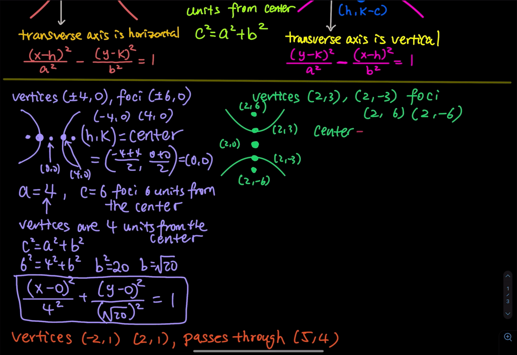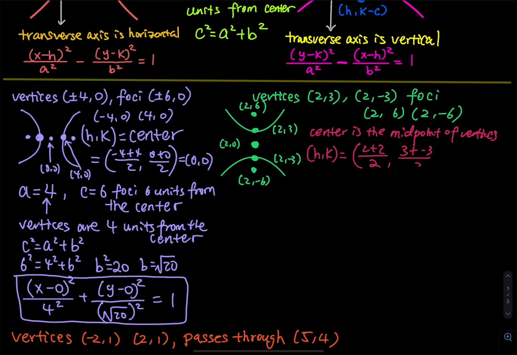I will color code this for you because I want to put the center in red. So I am going to say the center is the midpoint of the vertices. And then your h comma k is equal to 2 plus 2 divided by 2, and then 3 plus negative 3 divided by 2.